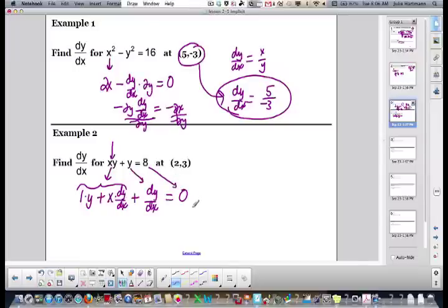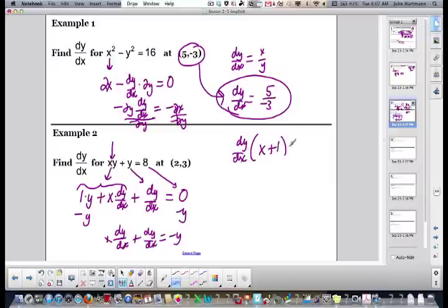Now we need to isolate the dy/dx. So we're going to subtract y. Now you have x dy/dx plus dy/dx equals negative y. You're going to factor out the dy/dx, and you're left with x plus 1. Then divide by x plus 1.